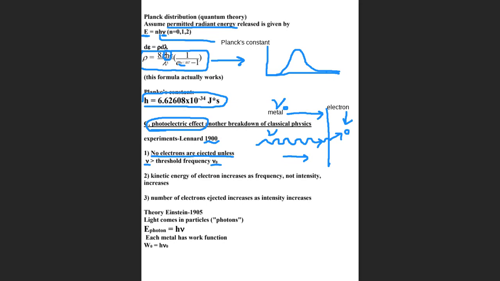Third, the kinetic energy of the electron increases as the frequency of the radiation, not the intensity of radiation, increases. In other words, it doesn't matter how bright you make the light, which is what intensity is about. But if you increase the frequency, the electron goes faster.